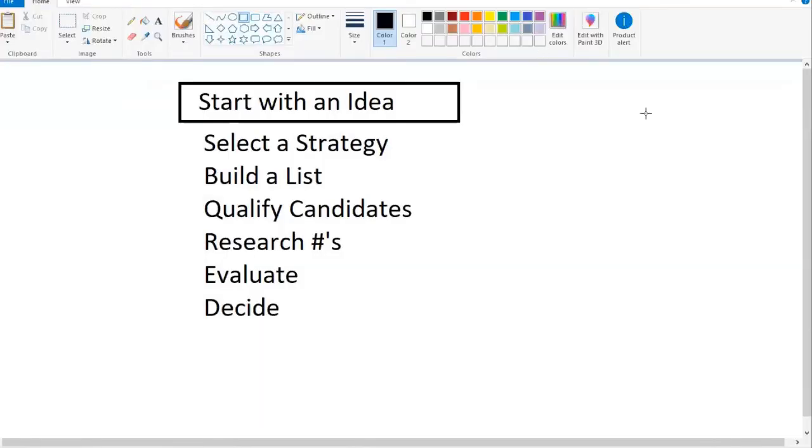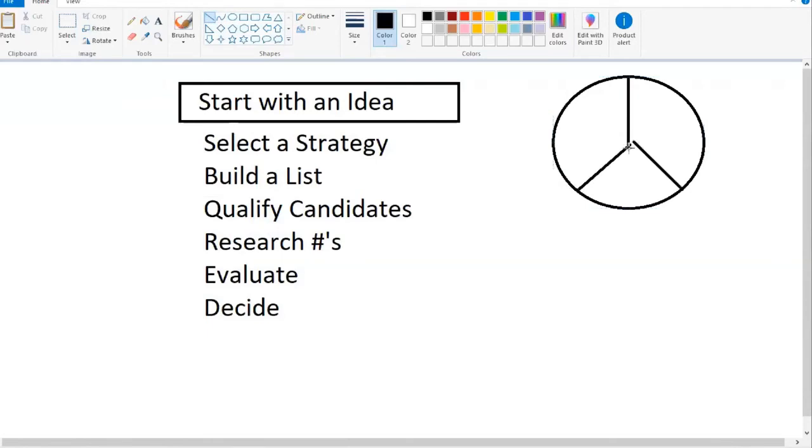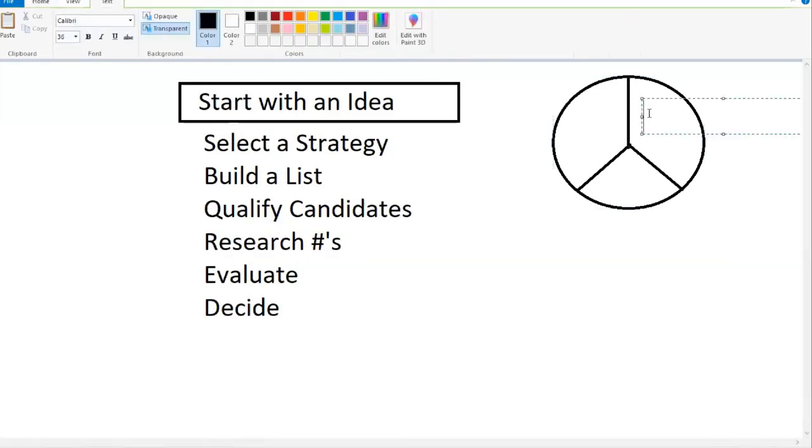The whole point is that with our start with an idea, we're using some of our capital in a way that's safer. We don't want to be more aggressive. We don't want to be more dangerous with everything that we do. We're allocating some capital over here in what I deem to be our cash flow techniques because we want to be safer.